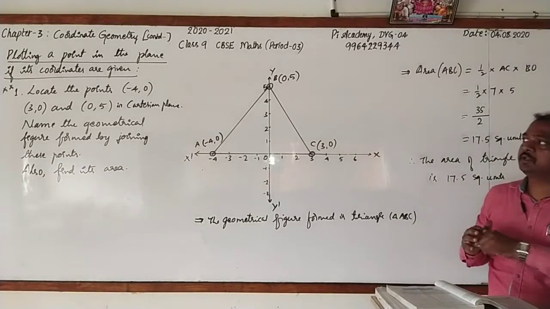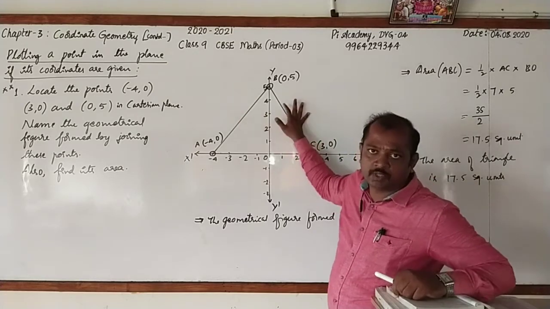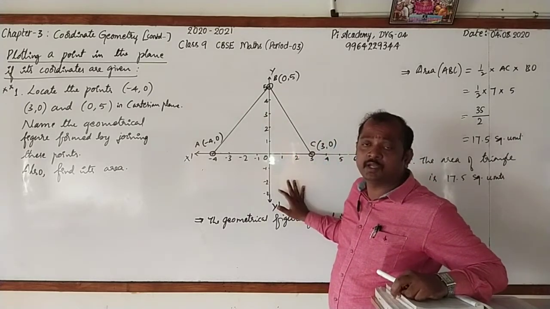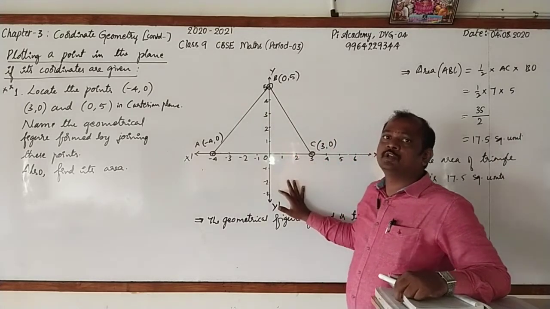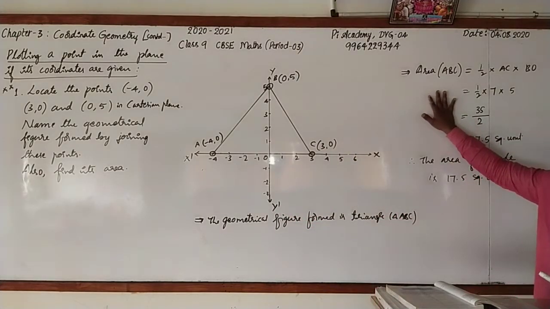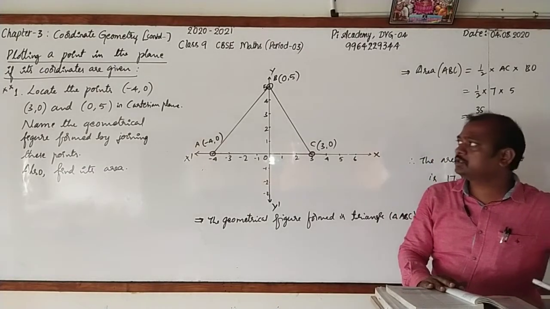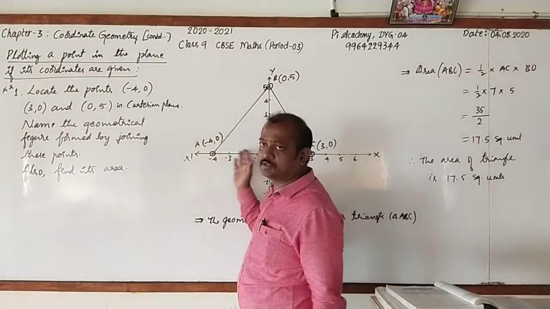So there is a chance of this type of question being asked in the examination for 3 marks. One just for locating, second one identifying the geometrical figure obtained, and third one is finding its area. Yes, dear students, use the graph sheet, then go for writing this.